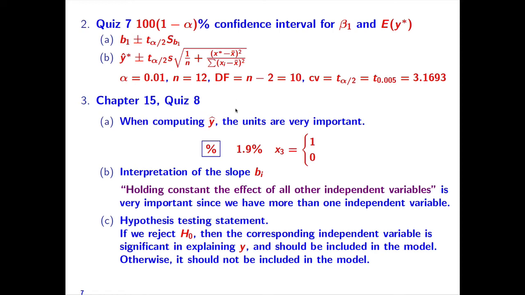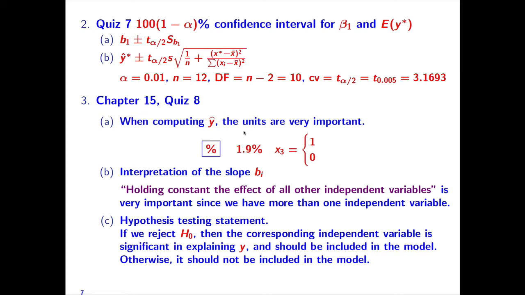Now for chapter 15, and this quiz number 8, most of you did very well. I would just like to mention the following. A, when we compute the predicted value of y for the given value of x, the units are very, very important. For example, for this x2, the unit was in percentage, and when I give you the value, it's 1.9%.